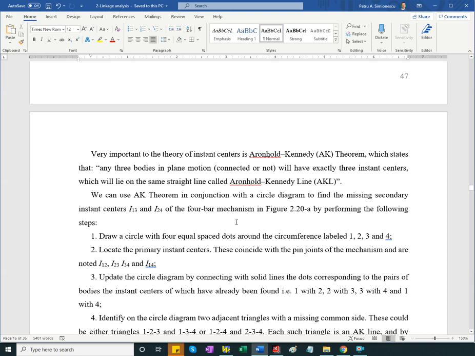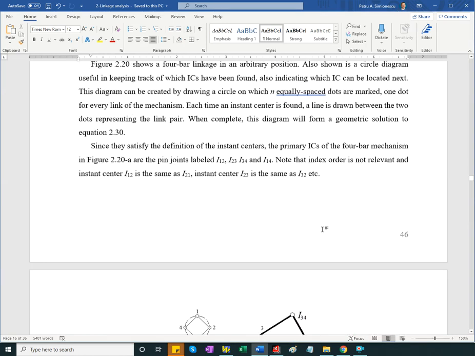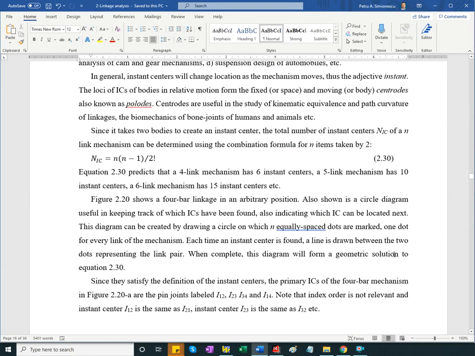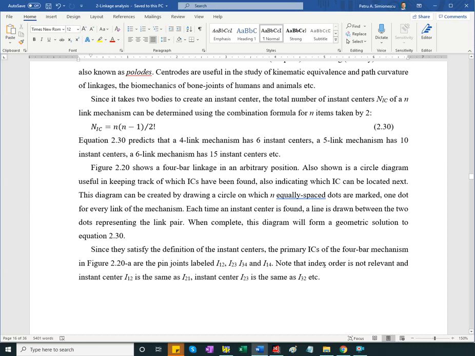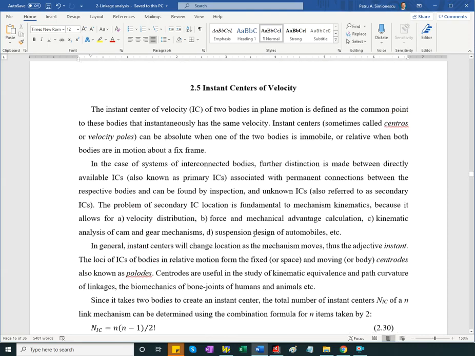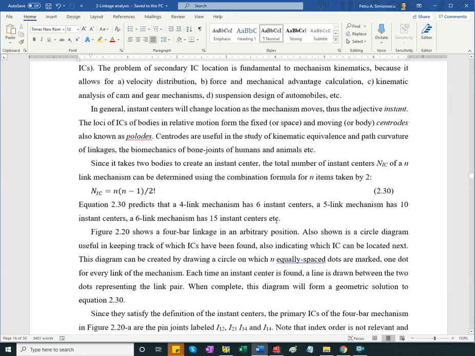Very powerful. So you take 3 arbitrary bodies, not connected, in 2-dimensional motion. They have instant centers between each other, so there will be 3 in total, and these 3 instant centers are collinear. As the mechanism configuration changes, the location of the instant center changes as well. So that's why they are instantaneous instant centers of velocity.